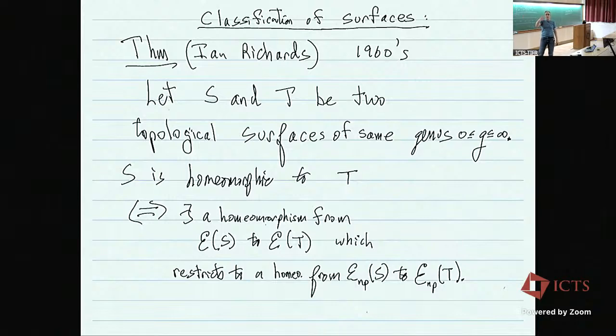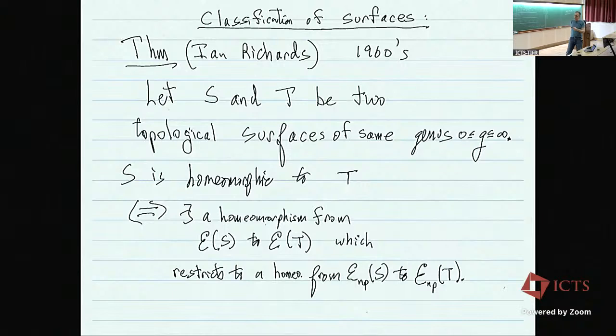You have a space with a subspace as part of it, and when you talk about a homeomorphism between two double spaces, the homeomorphism must restrict to the smaller subspace.